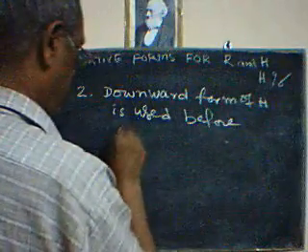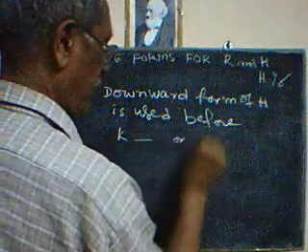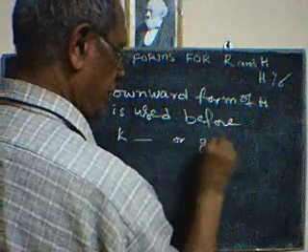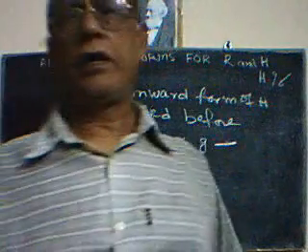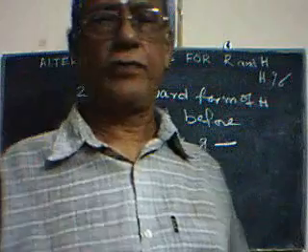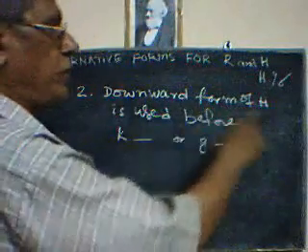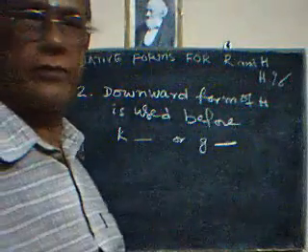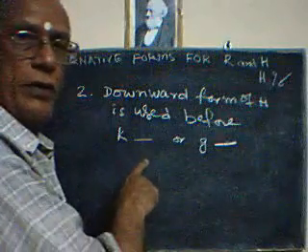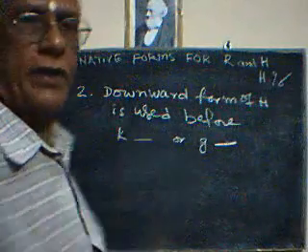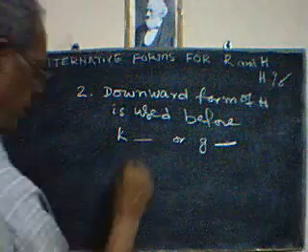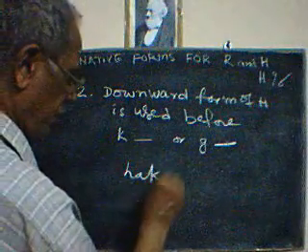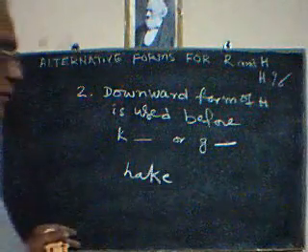Downward form of he is used before consonant K or G. Example: hake.